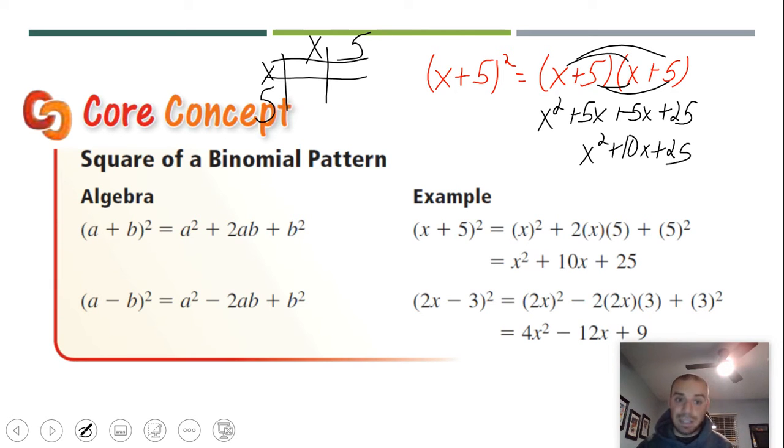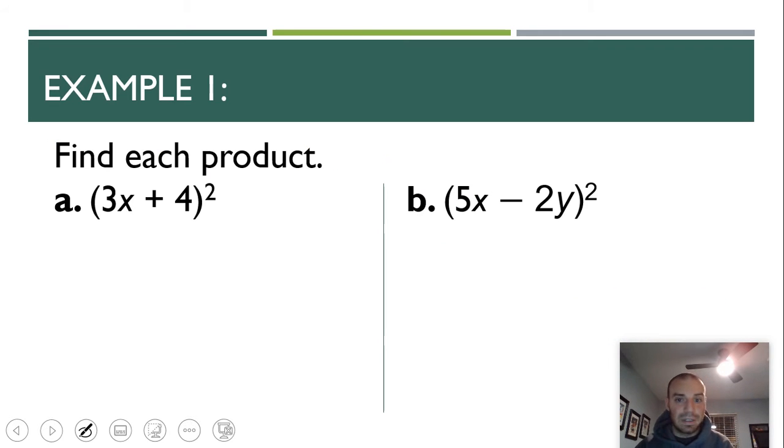What they're showing you here is that there is a pattern that exists. If we have the entire quantity squared, we take our first term squared, we take our second term squared, we multiply the two parts together and double it to get the middle term. So I'm going to show you what that might look like. If I take my a term and square it, that would be 3x quantity squared.